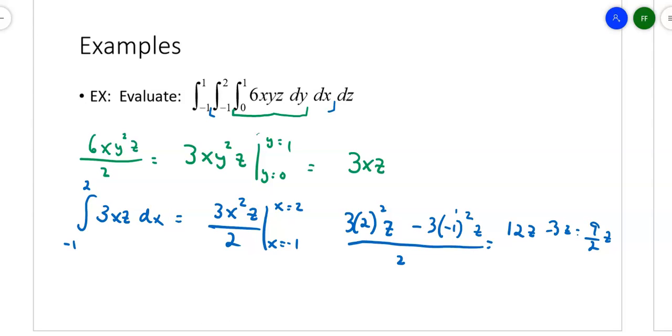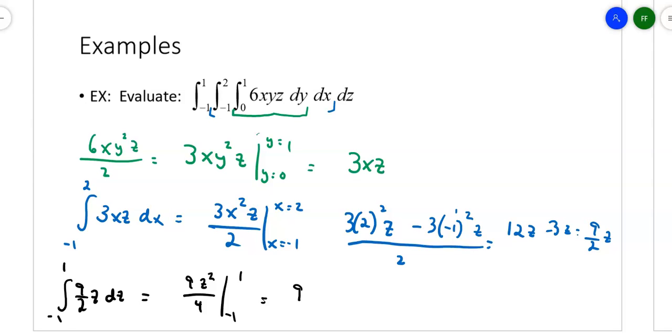All right, now we got to integrate that with respect to z. So now I'll integrate from -1 to 1 of 9/2 z dz. Right, so that gives me 9z squared over 2 times 2, which is 4, evaluated at 1 and at -1.